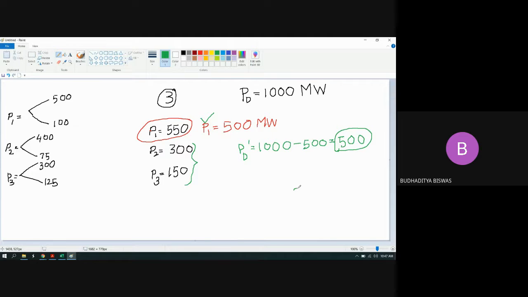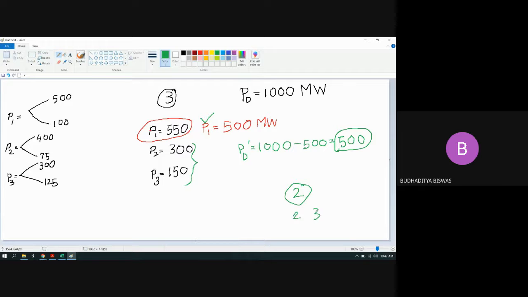Here we consider that 2 units are there, unit number 2 and unit number 3, and the load demand is 500 megawatt.